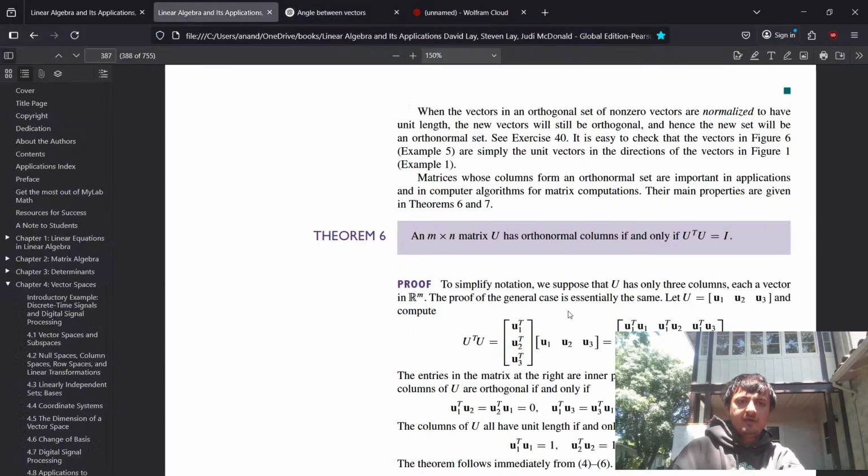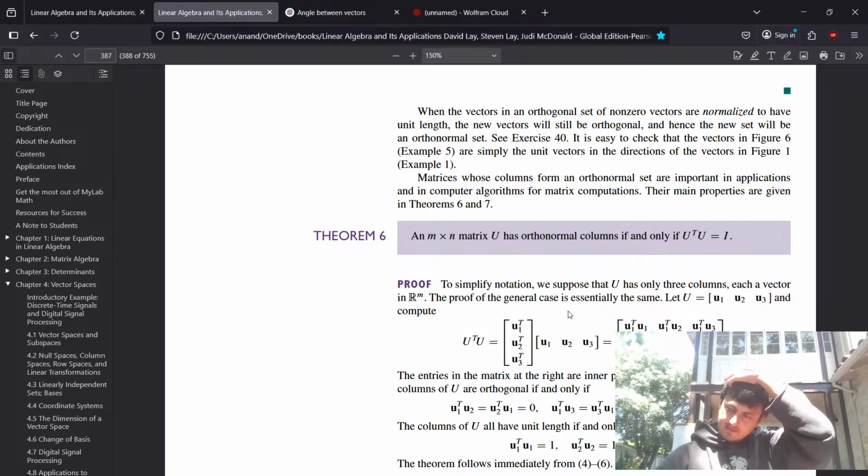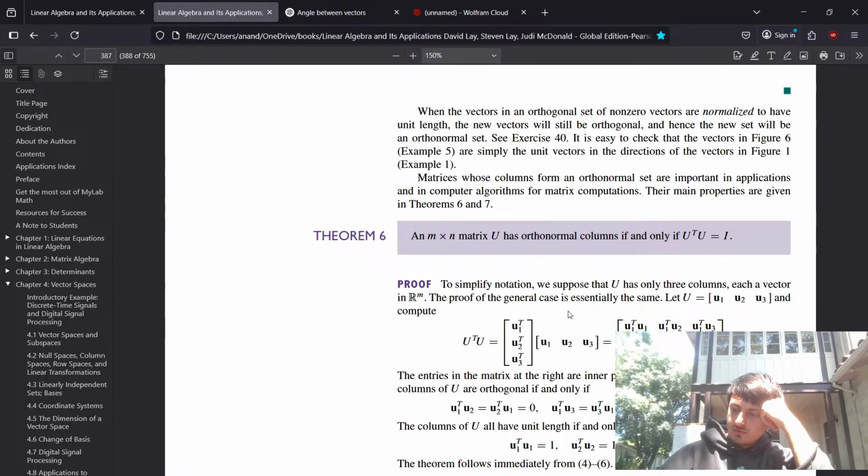Okay, yeah. So then we rely on, since det U transpose equals det U, then we get det U squared equals 1, i.e. det U equals plus or minus 1.